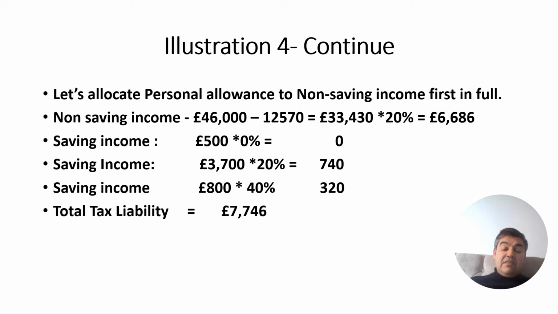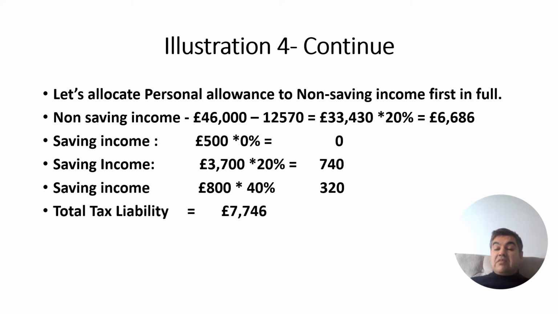So bear in mind, just make sure you keep track of how much income is subject to the basic rate, and how much income, once you cross a certain amount, needs to be taxed at the higher rate. So remember, the first 37,700, that is after application of the personal allowance, is taxed at 20%.